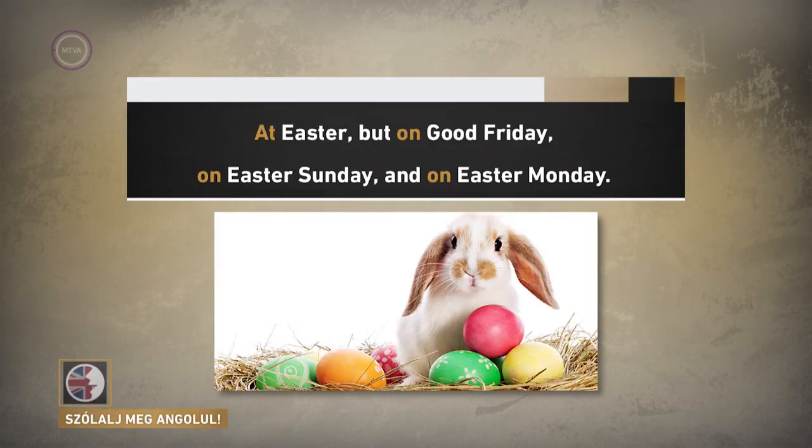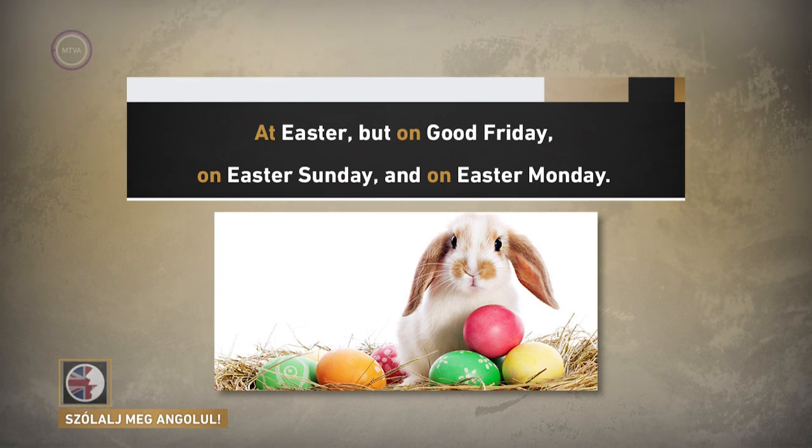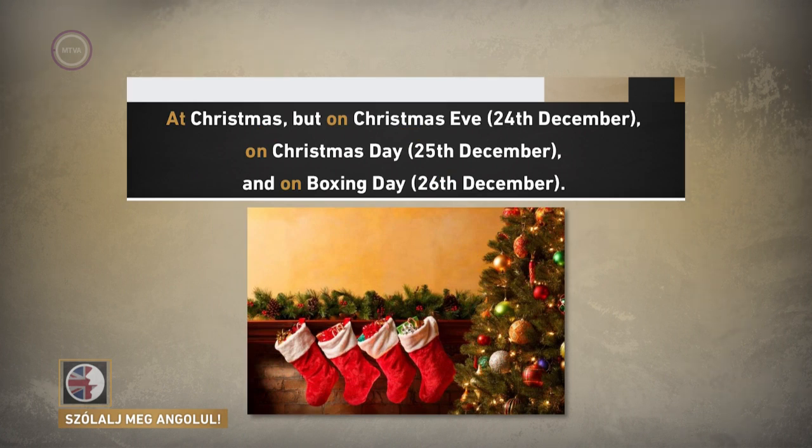At Easter, but on Good Friday, on Easter Sunday, and on Easter Monday. At Christmas, but on Christmas Eve, the 24th of December, on Christmas Day, the 25th of December, and on Boxing Day, the 26th of December.